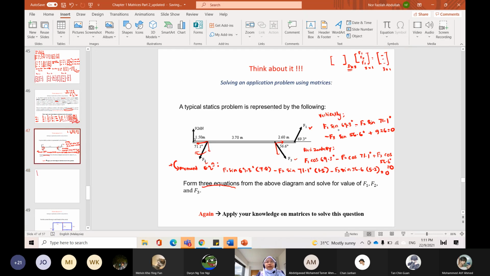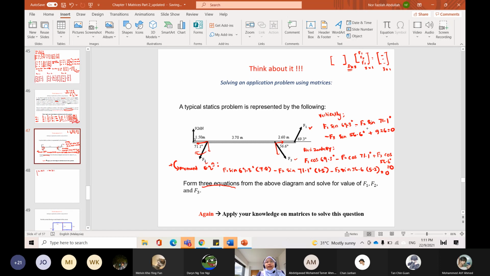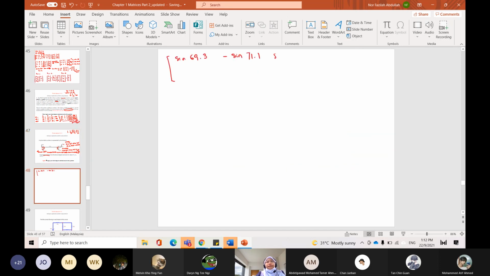This one sine, and then another one is 56, multiplied by F1, F2 and F3.